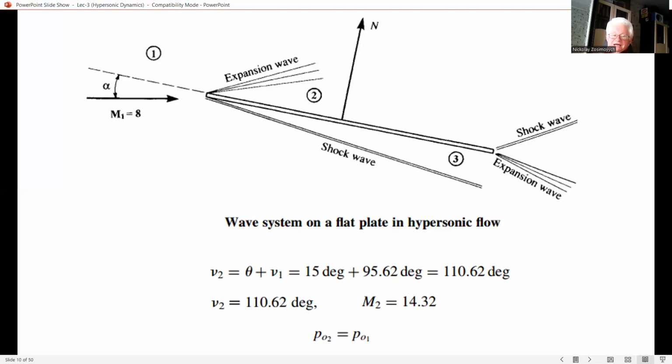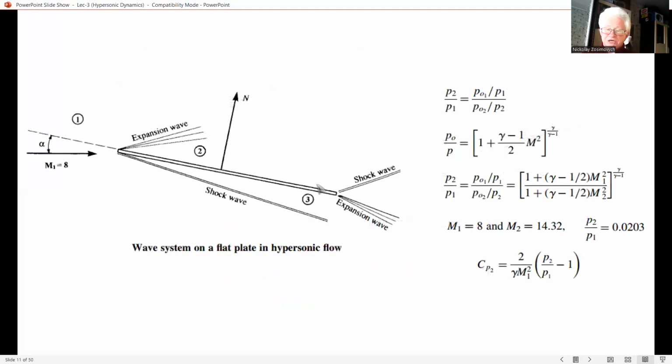First, consider the flow through the expansion wave. Using the terminology for this figure, for Mach number equal 8, using the Prandtl-Meyer function, we get V1 equal 95.62 degrees.